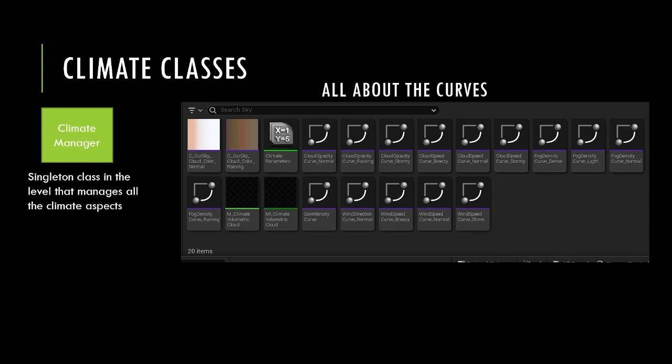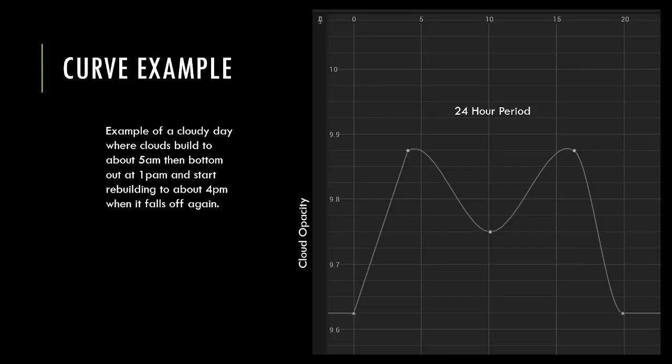As an example, if we look at a breezy, cloudy day, you'll see across the top a 24-hour period. Not much is needed in the dark. So, the 0 and the 20 to 24 is all considered early morning, and there's not a lot of light, so you can't see much of anything.